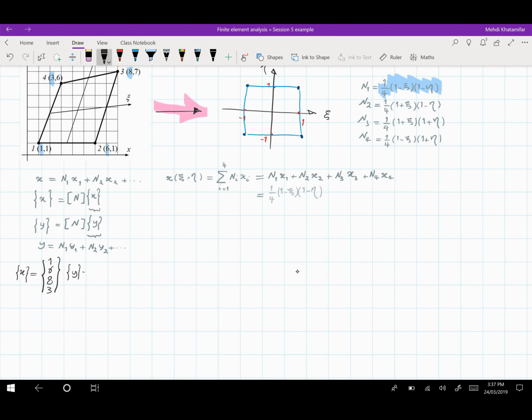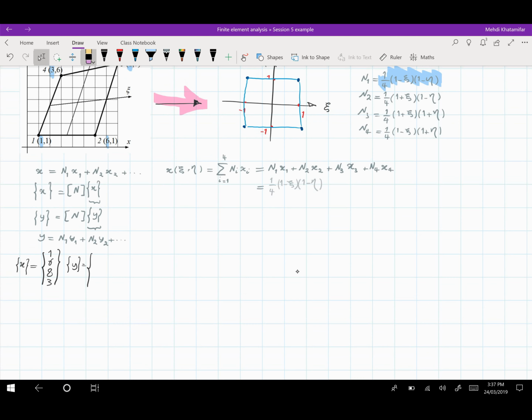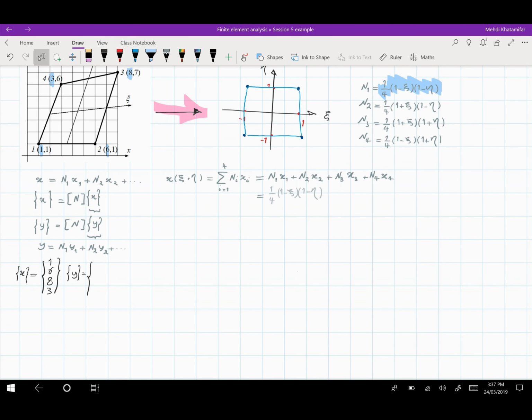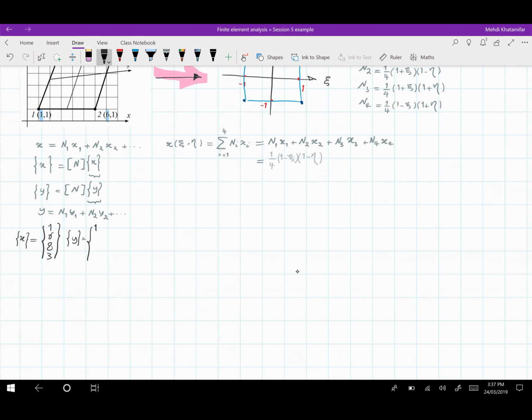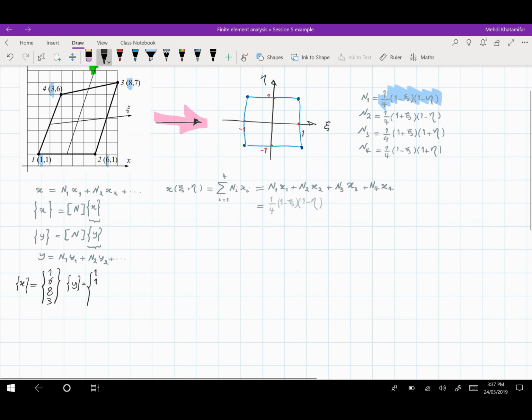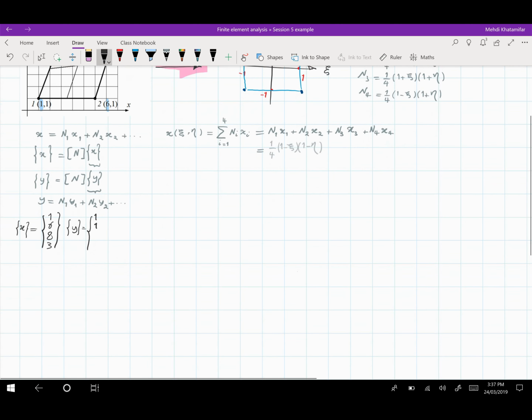So much better. This is the vector for x, or nodal positions. Nodal y positions are going to be 1, 1, 7, 6, 7, 6.